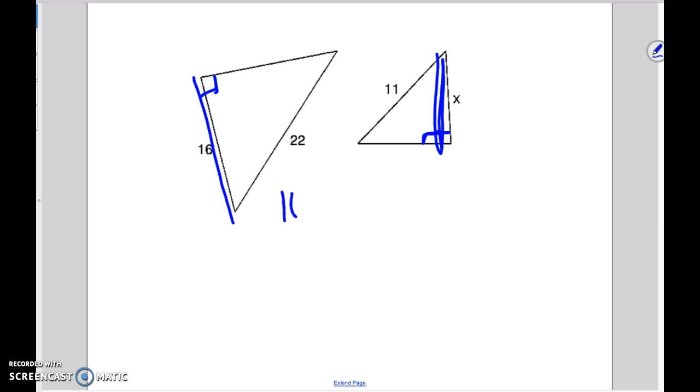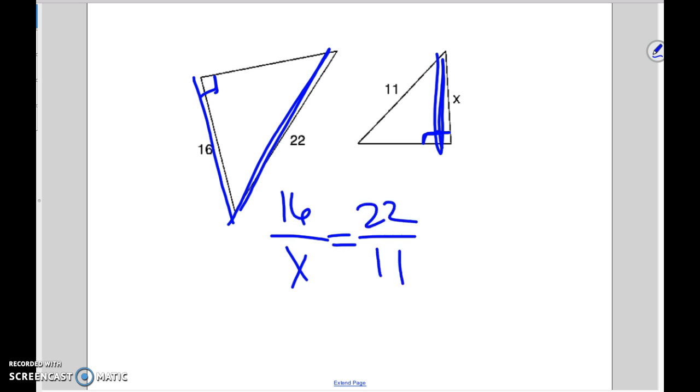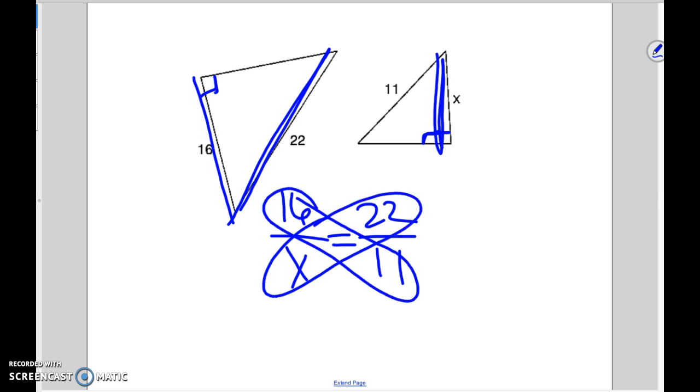So I'm going to do 16 to x, because those are the ones that correspond, is equal to 22 to 11. Okay, so when you cross multiply this, again, you can set it up a different way, and it's not wrong, but make sure that the 22 is across from x, and that the 11 is across from 16.